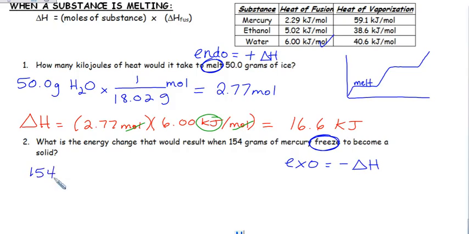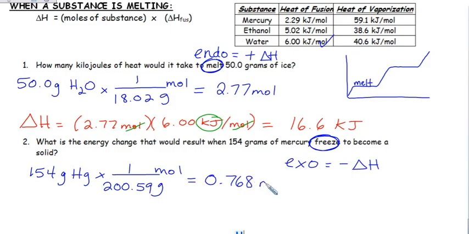I have 154 grams of mercury. I need to cancel grams and get it in moles. 1 mole of mercury is about 200.59 grams on my periodic table. So with 3 sig figs, I'm at about 0.768 moles.